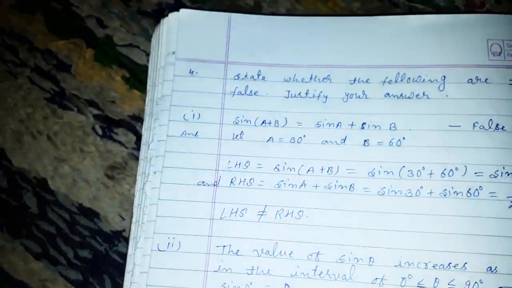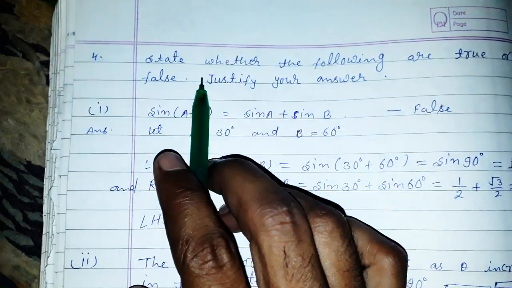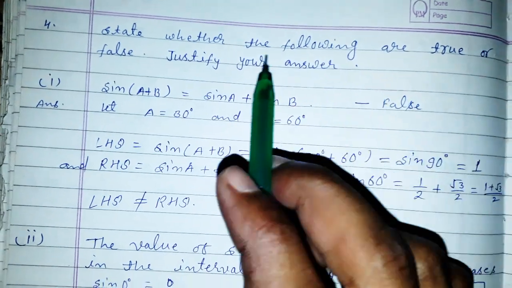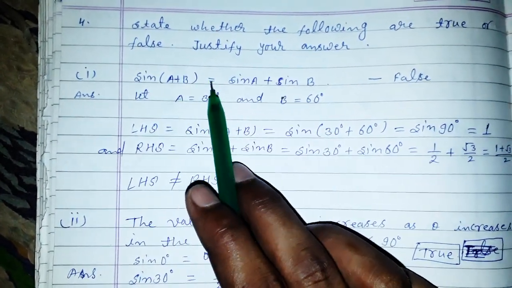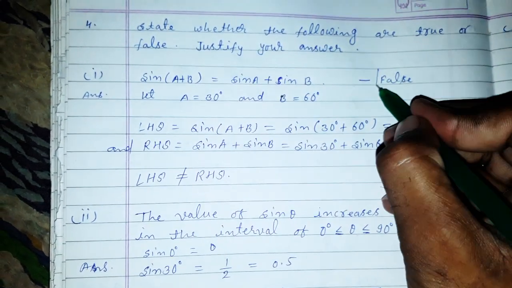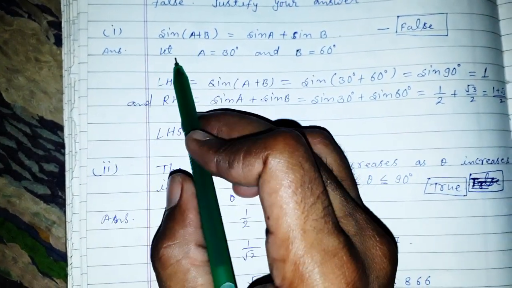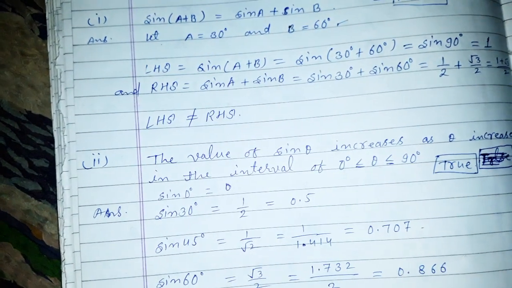Next question, state whether the following are true or false. Justify your answer. So first, sin A plus B is equal to sin A plus sin B. This is false because let A is equal to 30 degree and B is equal to 60 degree.